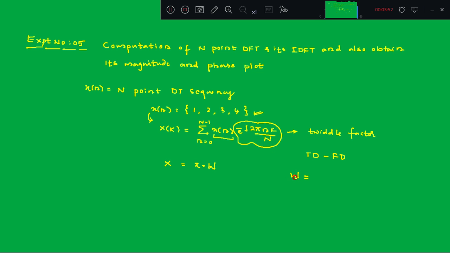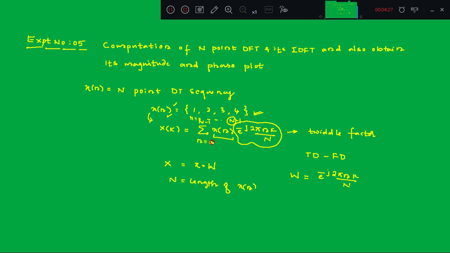Capital W is the Twiddle factor, which is defined as e raised to minus j 2 pi n k divided by capital N. Where what is this n? n is nothing but the time index, which varies from 0 up to N minus 1, and this capital N is nothing but the length of x of n, or the size of x of n, the number of elements available in the sequence x of n.